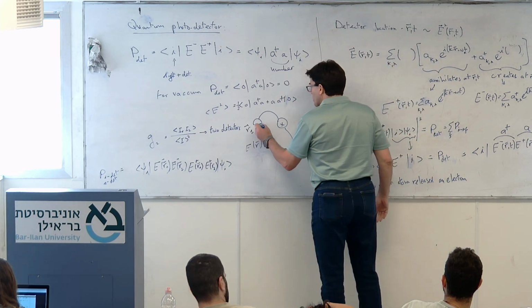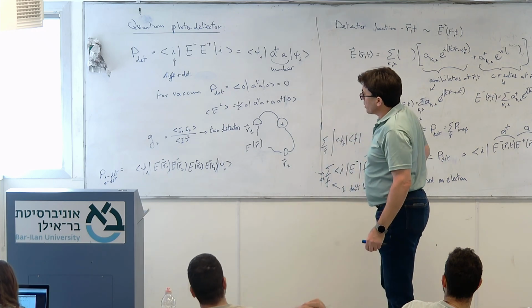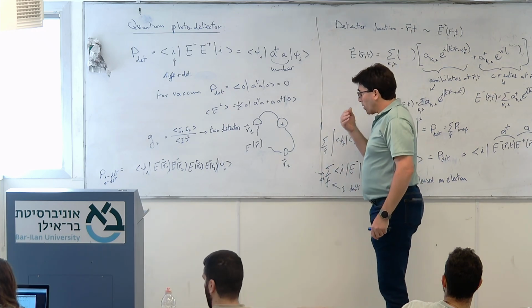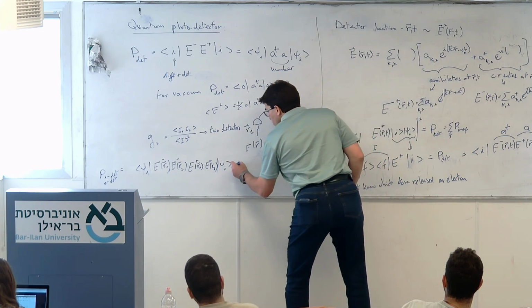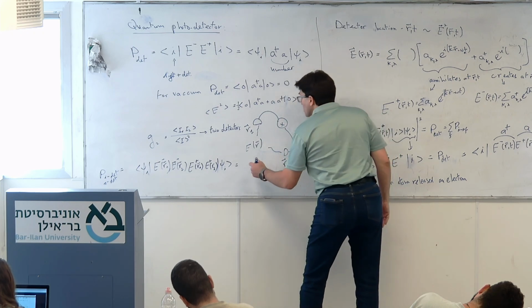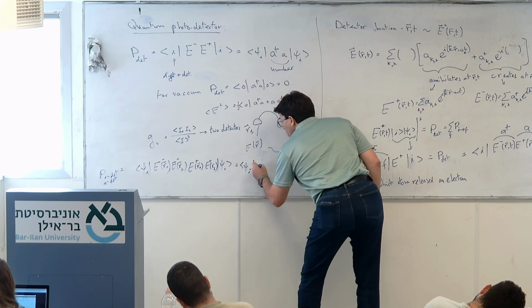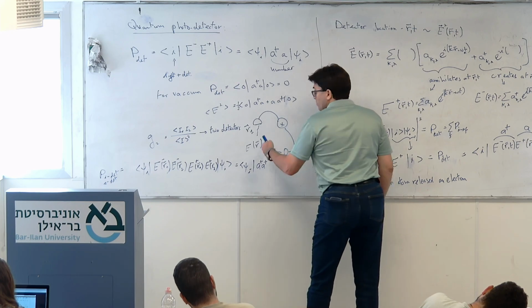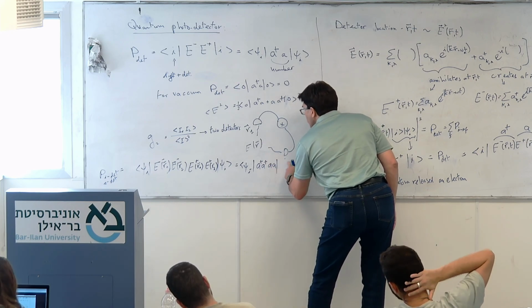This field is going there and it's going there. So that means that the probability of dual detection is now, again, psi initial, whatever that state was, and then A dagger, A. This is what we're going to have.